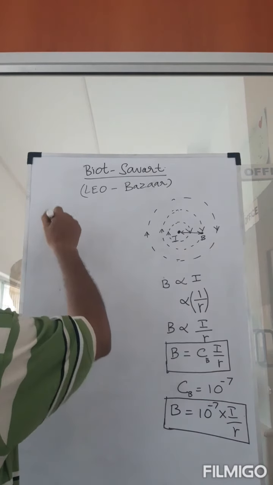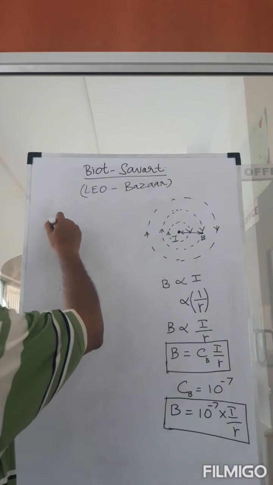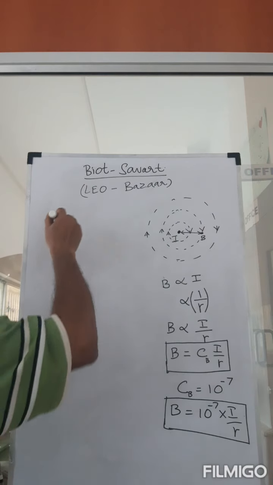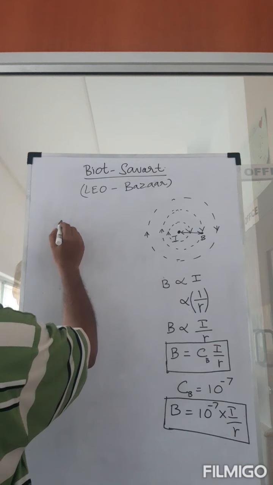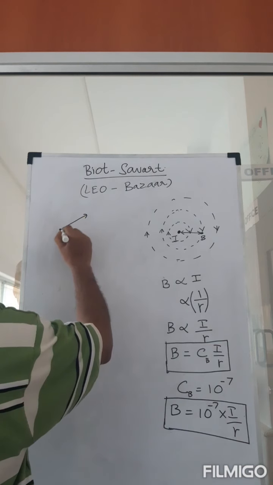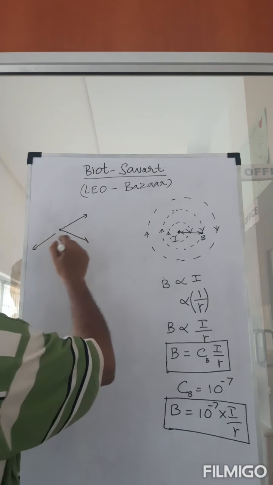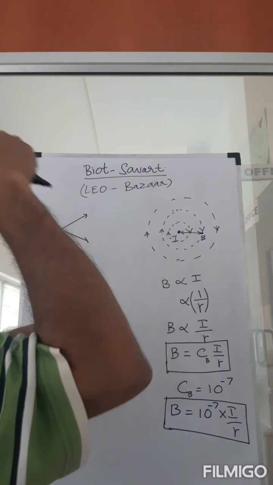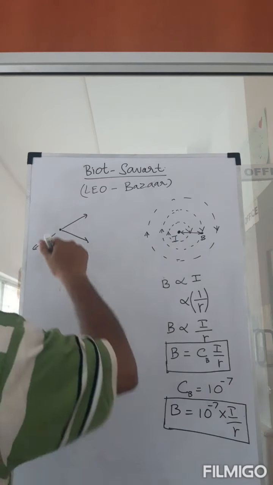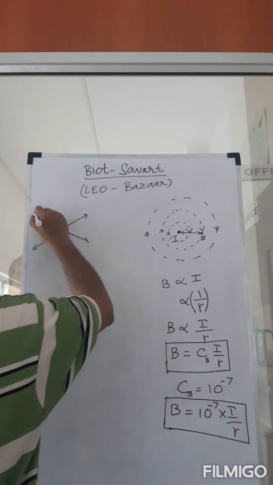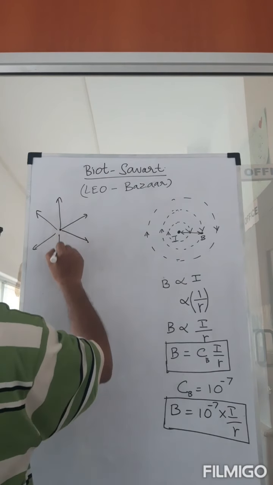If you take an infinitely long thin wire which has charge on it, with charge density lambda, then it's going to produce a field around it. Again, I am seeing it from this perspective. That infinitely long line also goes into the board. So field lines will be produced like this.